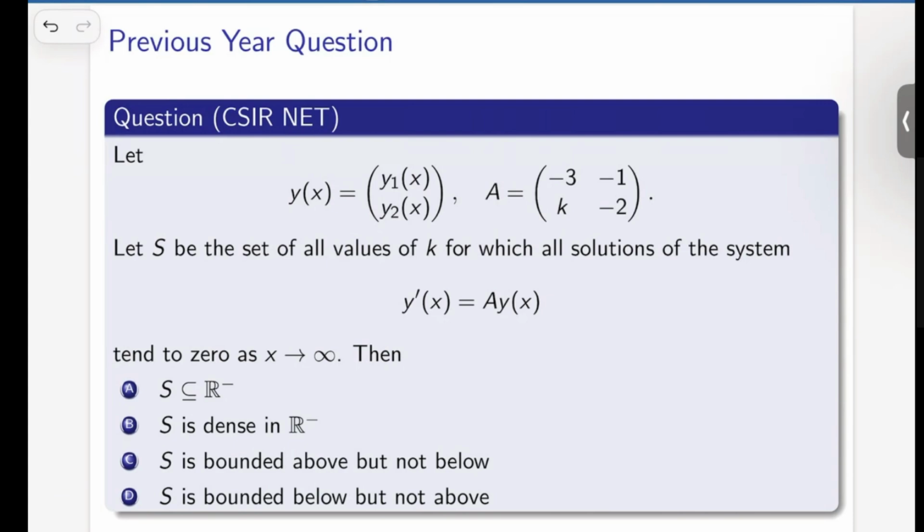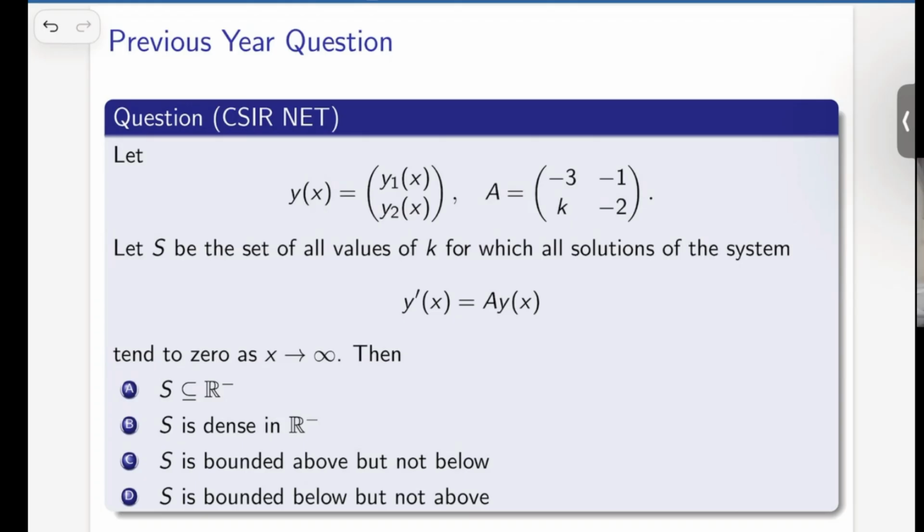Yes, sir. How can we do that? Our solution will tend to 0 when both eigenvalues are negative, right?